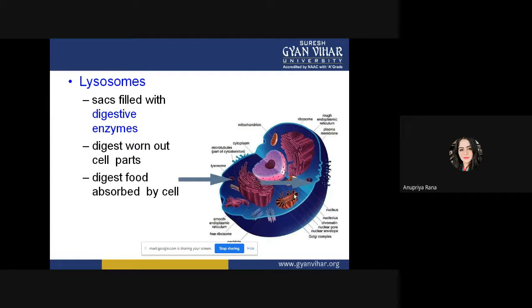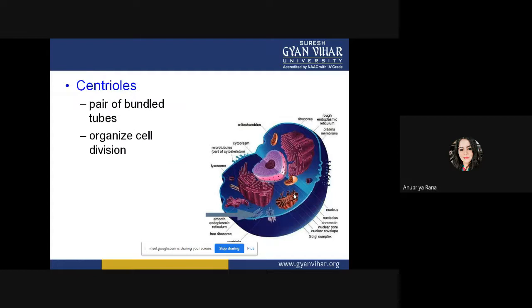They take up all the excretory material inside them and digest food absorbed by the cell. Sometimes they are also called suicidal bags, because they sometimes just burst and make the entire cell die. At that time they are called suicidal bags. They are not as sweet as they look.